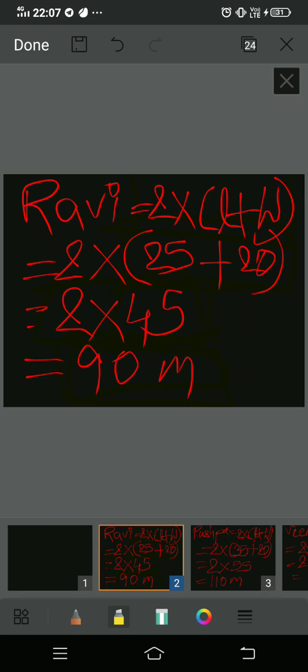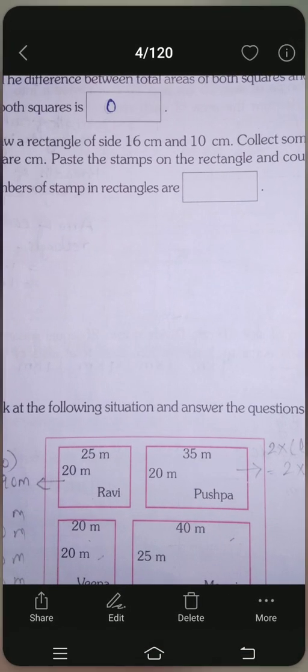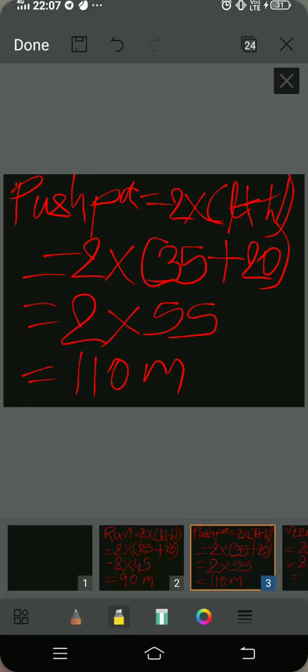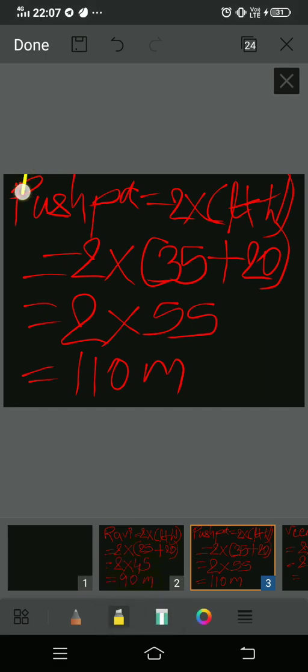Okay, and next up is Pushpa. For Pushpa I made a mistake in my previous video. The answer I told you before was 1700 something, so I made a small mistake there, and that is why I'm explaining again. For Pushpa, the length is 35 and the width is 20. We are using the same formula, 2 into length plus width.